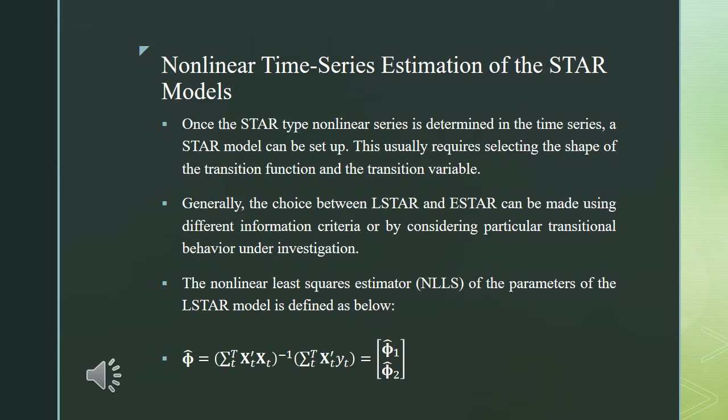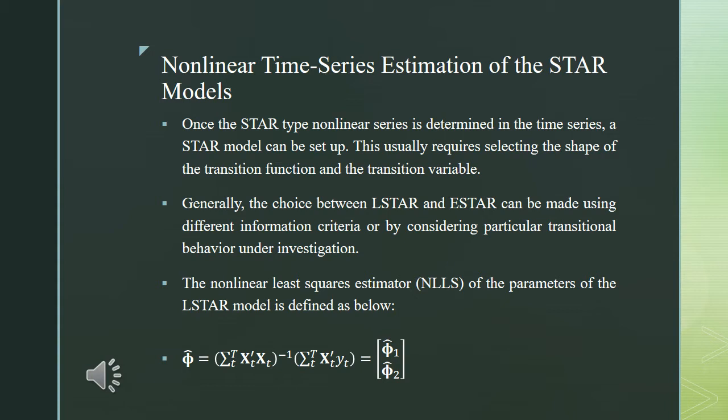Nonlinear time series estimation of the STAR models. Once the STAR-type nonlinearity is determined in the time series, a STAR model can be set up. This usually requires selecting the shape of the transition function and the transition variable.